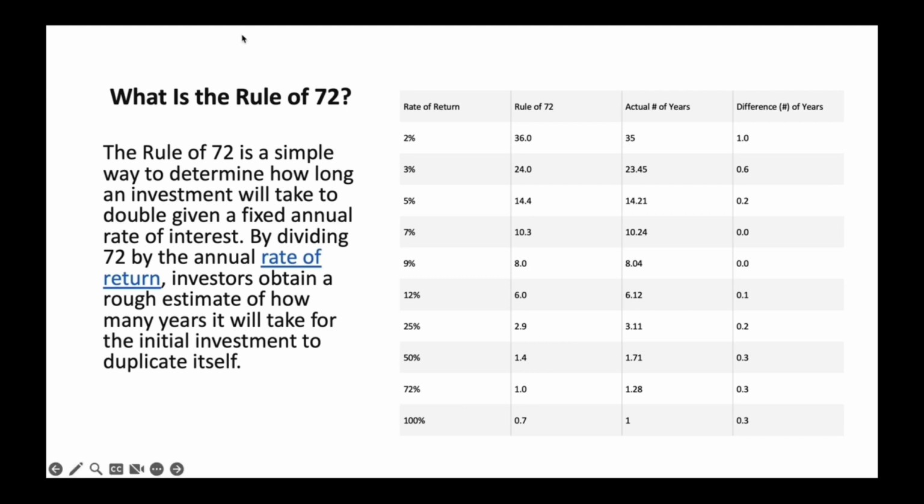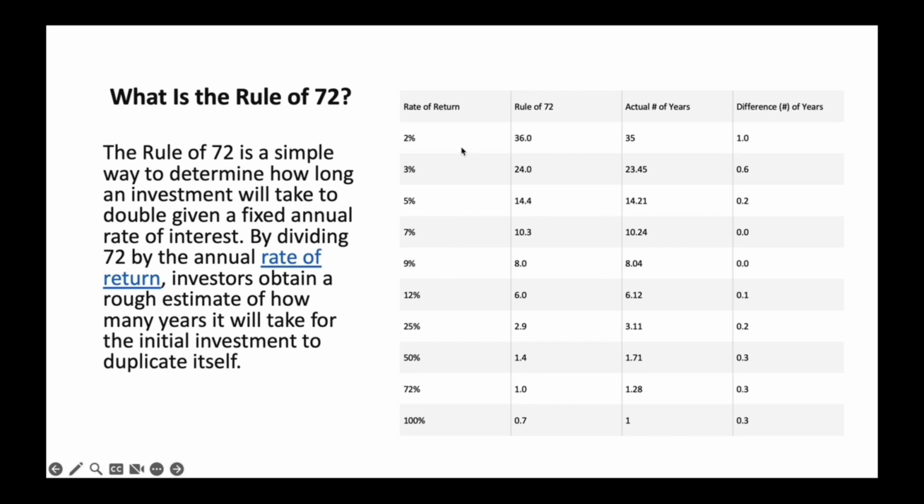So if you look at this table right here, you have rates of return in the first column, you have Rule of 72 in the second column, and then the actual, using the present value data, right? These are the actual years that it would actually take. And this fourth column shows the difference between the Rule of 72 and the actual number of years.